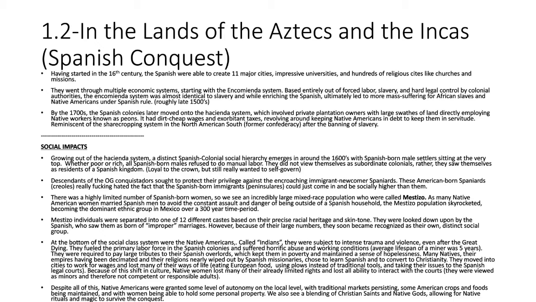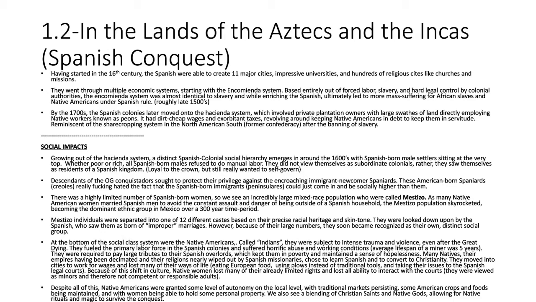Whether they were rich or poor, our book says, all Spanish-born males refused to do manual labor. They did not view themselves as subordinate colonials. They saw themselves as residents of essentially a Spanish kingdom. They really did treat it like they were basically living in some kingdom in Spain, which is really interesting to see them look at it that way.